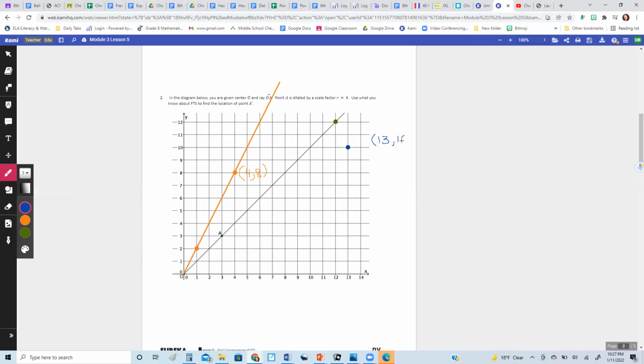Where would that dilated point be? The problem is it's going to be on my wall over there. It won't even fit. There's no way I can do this. And I don't want to see where the point is. I just want the coordinates of the point. So can I give you the coordinates of the point?